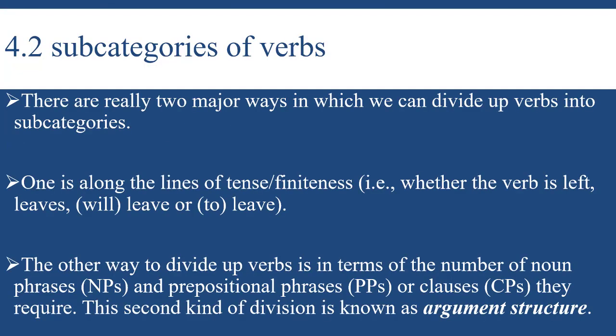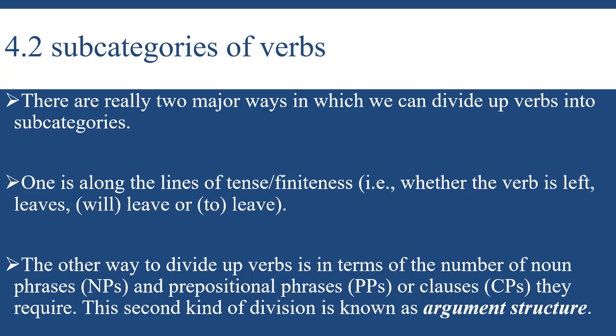Subcategories of verbs. There are really two major ways in which we can divide verbs into subcategories. One is along the lines of tense, finiteness. For example, whether the verb is left or leaves, or leave or to leave. This is how you divide verbs into categories: whether their tense is finite or not, that is, whether they are conjugated or not.